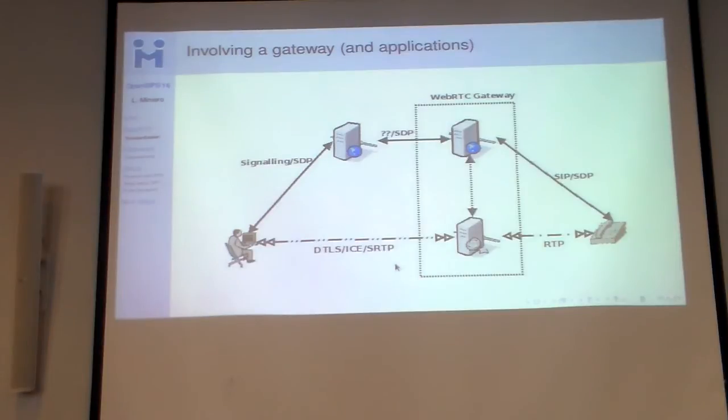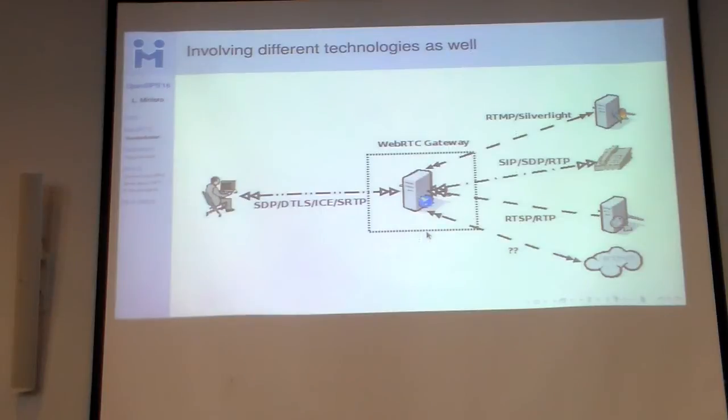So even if the codecs are all compliant, so you do not have to do transcoding, you probably still have to take care of the ICE process and the DTLS security exchange yourself in order to make available on the SIP end something that is much easier to digest and to handle, so that you are as backwards compatible as possible without having to worry too much about updating your own stuff in the backend. And you can generalize this kind of approach to several different technologies.